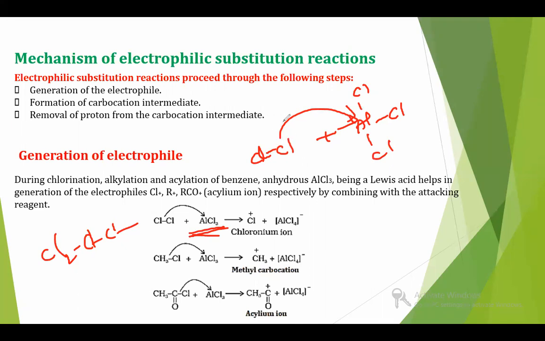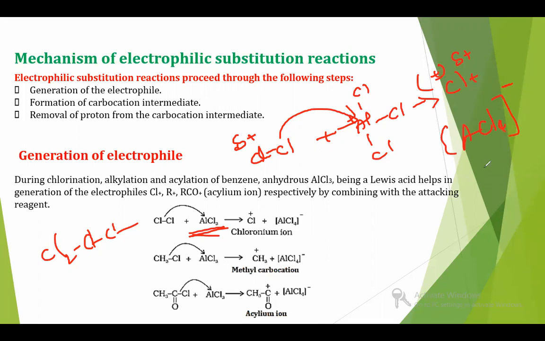If we take an electron from this, it forms a partial positive charge. If it forms a partial positive charge, the compound will be forming Cl delta plus, which is nothing but Cl plus, as well as AlCl4 minus.